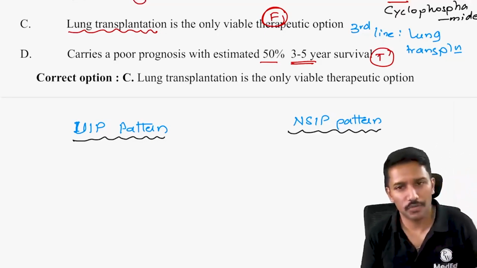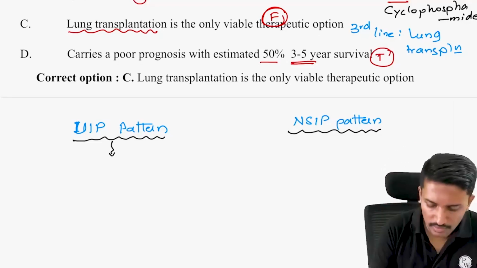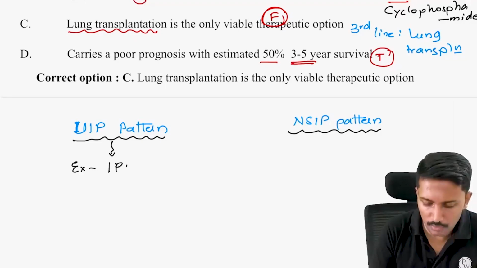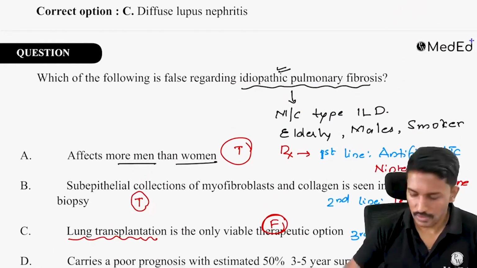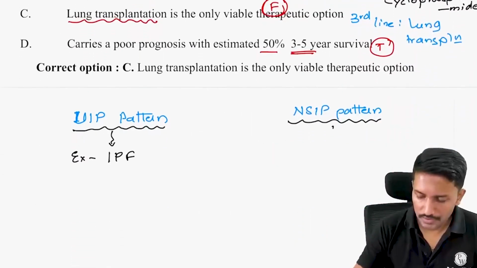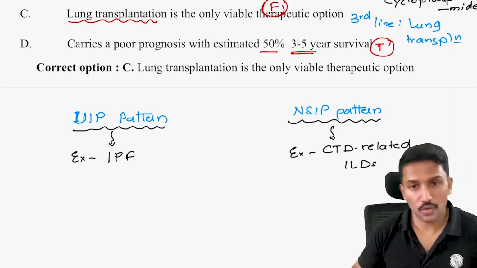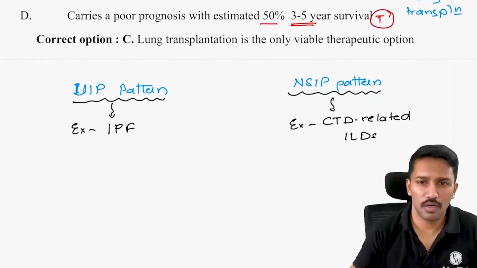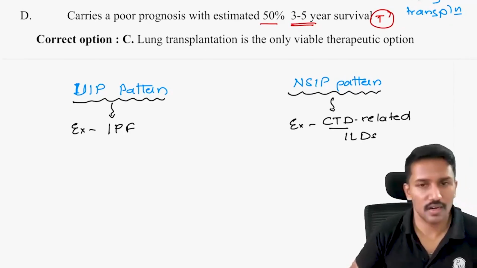When you take the biopsy or the CT, we can categorize the patient as having either a UIP pattern or an NSIP pattern. For the UIP pattern, the classical example is idiopathic pulmonary fibrosis, the disease this question is talking about, right? And for the NSIP pattern, the classical example would be connective tissue disorder related ILDs. There are various ILDs where connective tissue disorders like, for example, scleroderma or SLE are responsible for ILDs. Those will be called CTD related ILDs.